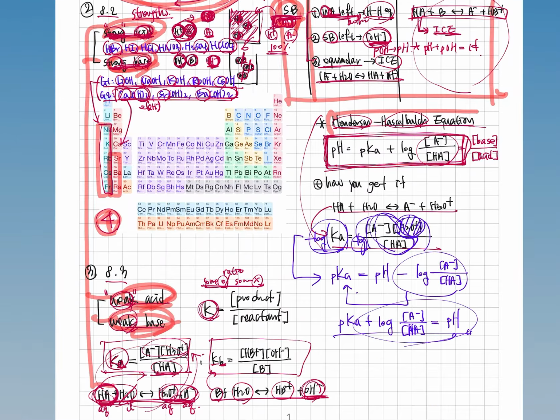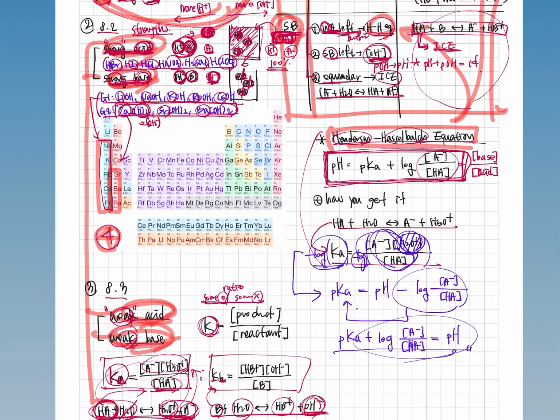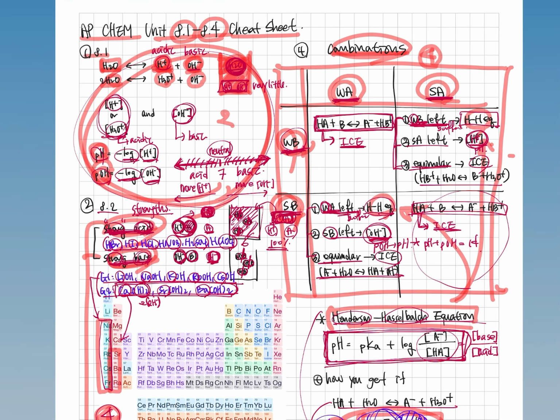Then I explained the Henderson-Hasselbalch equation, which you use for buffer solutions here and here, and how you get it is by playing with the Ka equation. And that is it for unit 8.1 and 8.4.